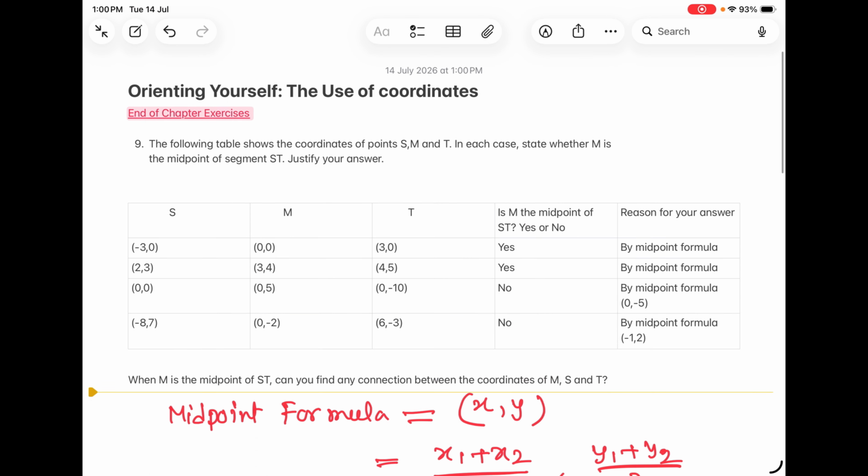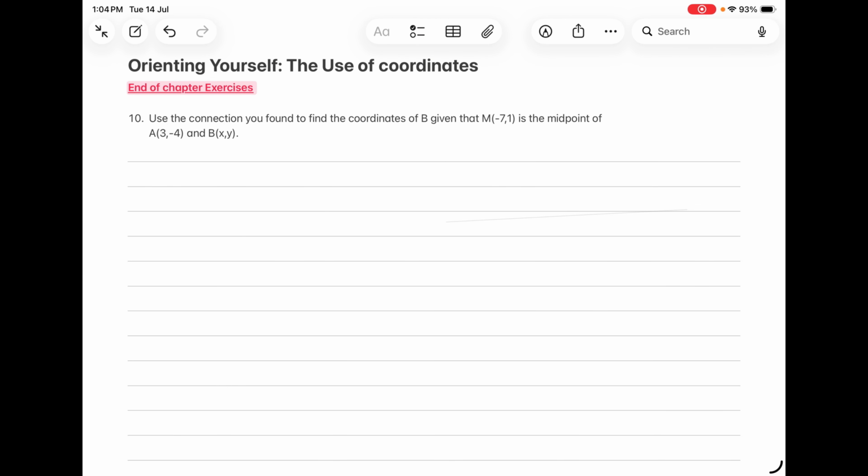So the next question is question number 10. Use the connection you found to find the coordinates of B, given that M (minus 7, 1) is the midpoint of A (3, minus 4) and B (x, y).